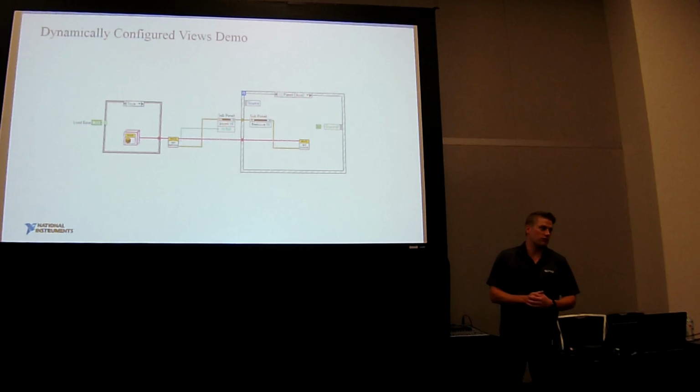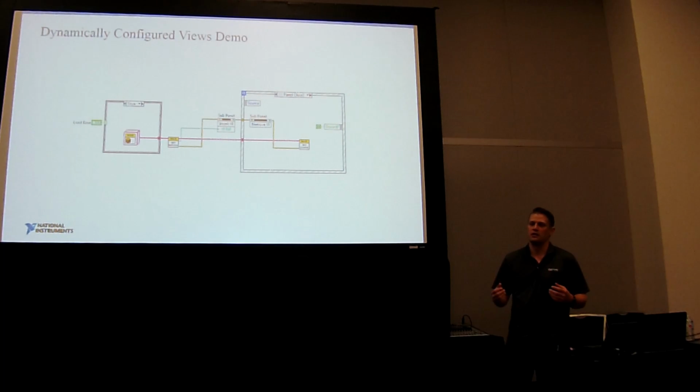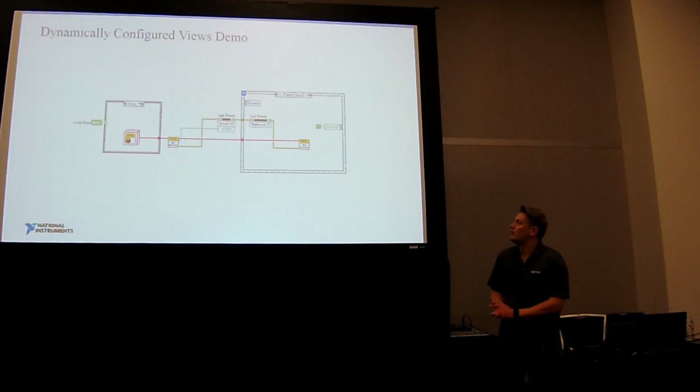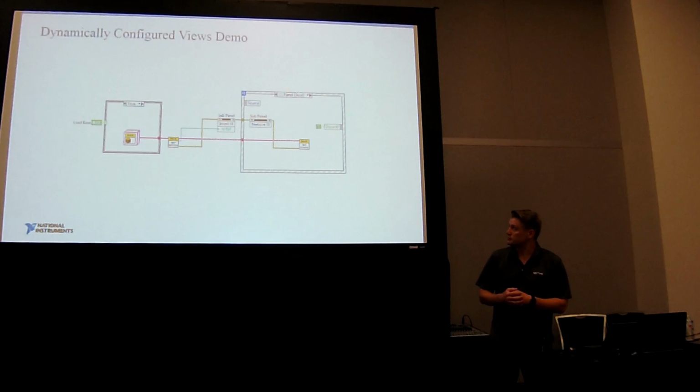Basically, all you need to do is get the VI ref num or get a configuration reference from all of your classes so that it's defined on the base. Each class usually has some sort of configuration that you want to do for that. And then you embed that into a subpanel.